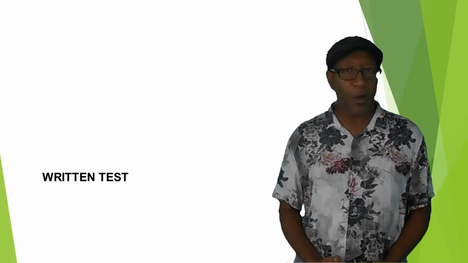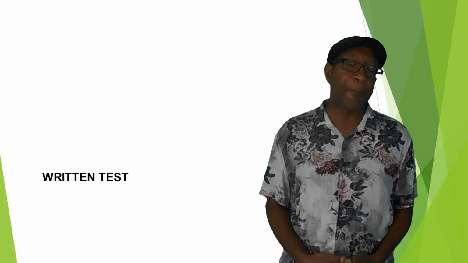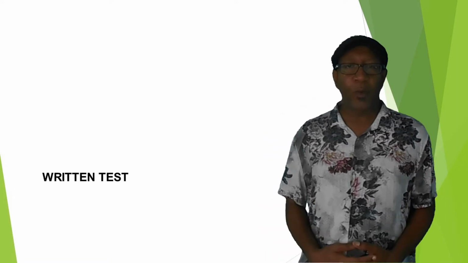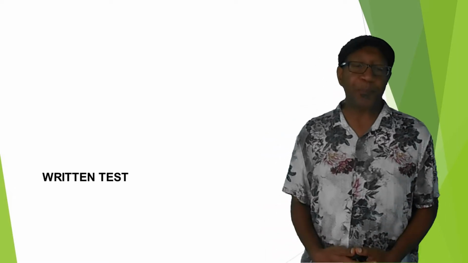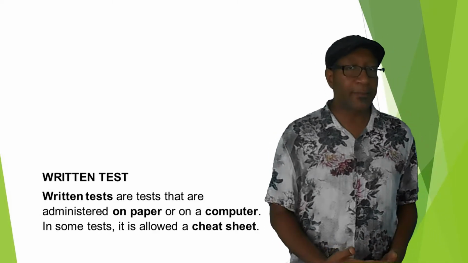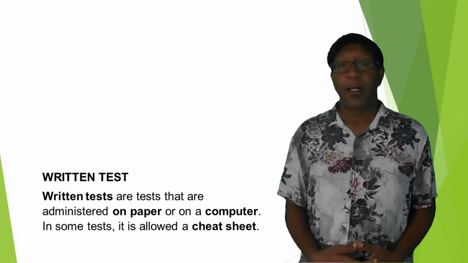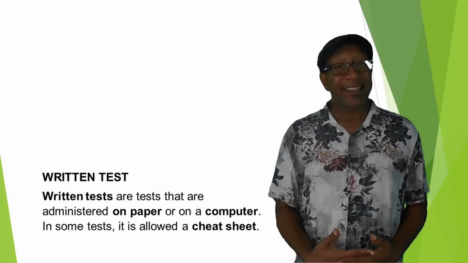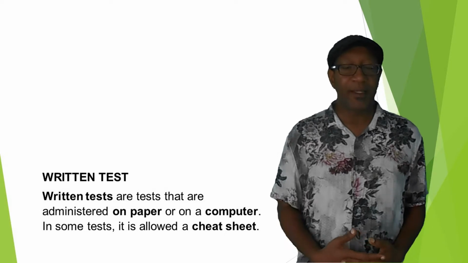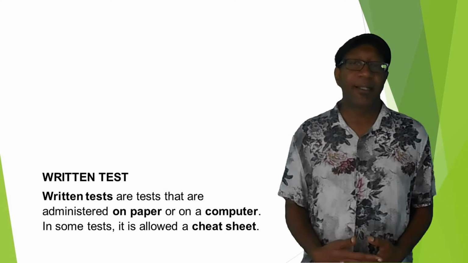Now we will talk about different types of assessment. We will start with written tests. Written tests are tests that are administered on paper or a computer. And in some tests a cheat sheet is allowed.